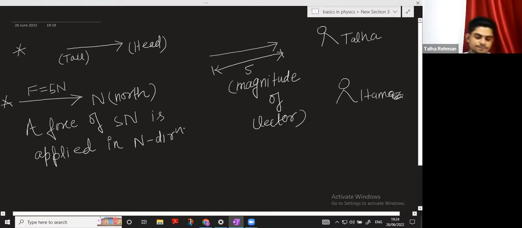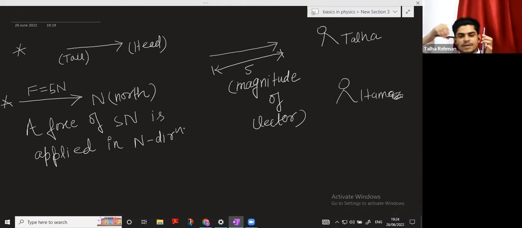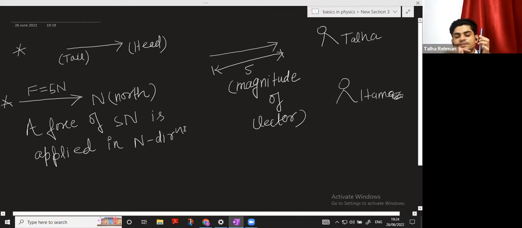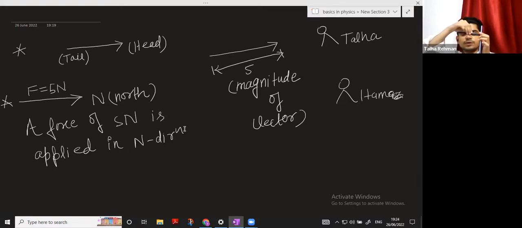Like this is my phone, and I am applying a force on it. So this arrow represents this thing. Suppose I am applying a force from here like this. It means that I am applying some force in this direction.